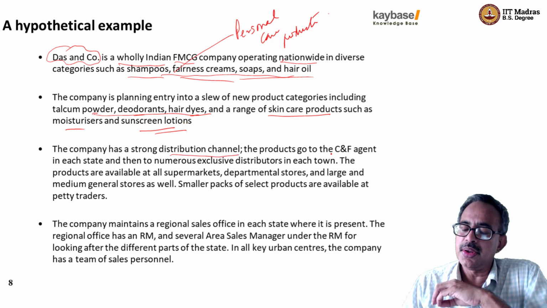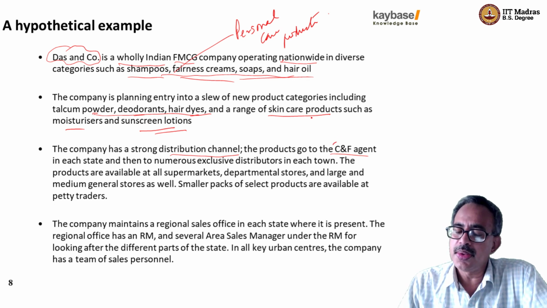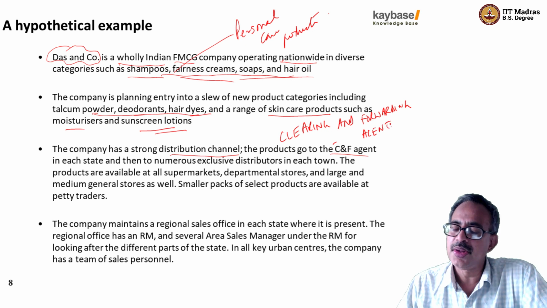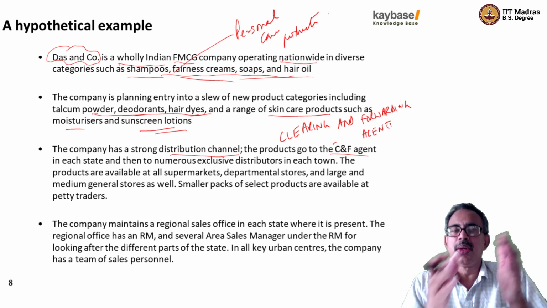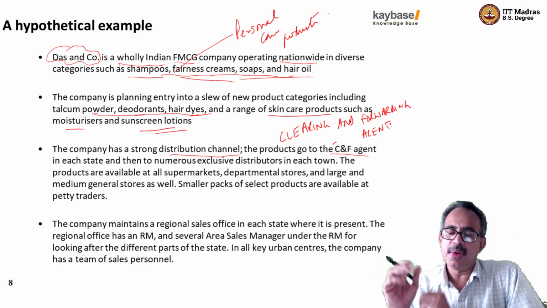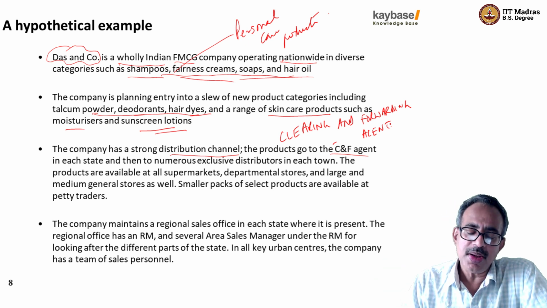The products go to a C&F, this stands for trading and forwarding agent. So these are all various intermediaries in the chain that goes from product to product, right?